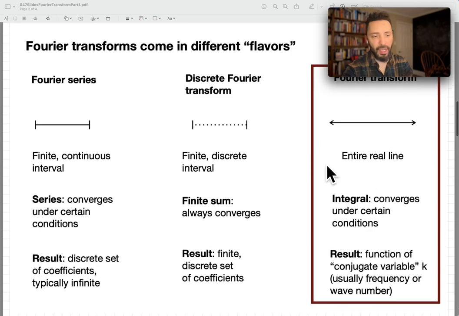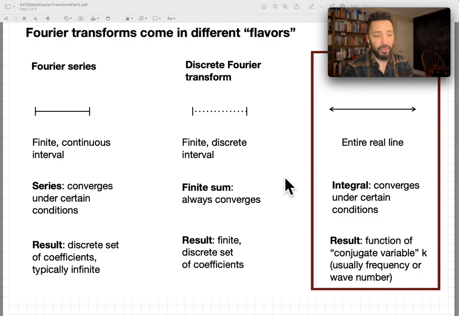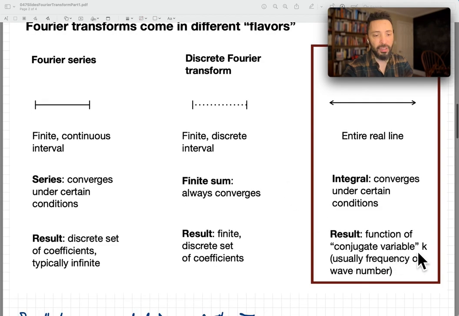In this case, what we have is an integral over the function. Here we do integrals to calculate the coefficients, and here we're going to be doing integrals to calculate a function, as you will see. And the integral converges under certain conditions, again, which we'll see in a future video. And the result of the transformation is that we have a function of a conjugate variable k.